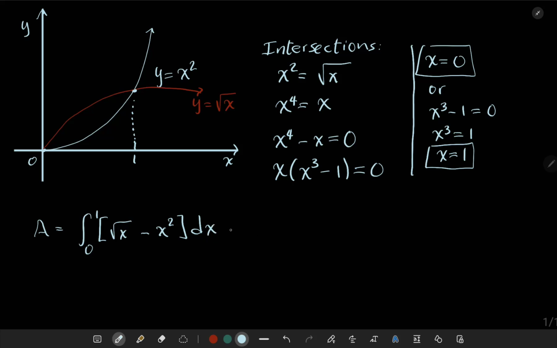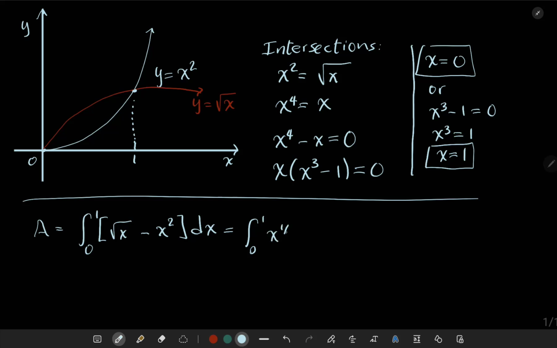So now it's a matter just of calculating this. So it's going to be the integral from 0 to 1, and remember the square root is going to be x to 1/2. So we can use our power rule there. X squared, that one poses no trouble.